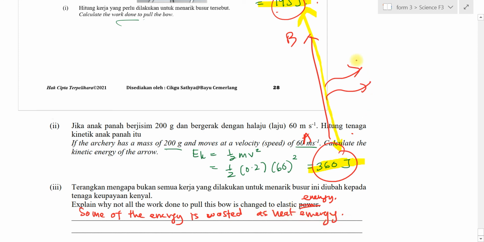So now we say the principle of conservation of energy is equal, that one for calculation purpose only. But in the real life application, there will be some energy loss, some energy is wasted or lost as heat energy. Remember that.